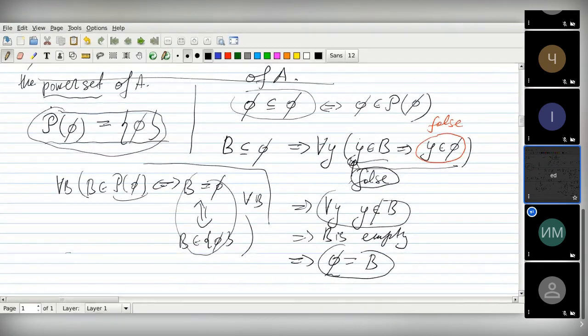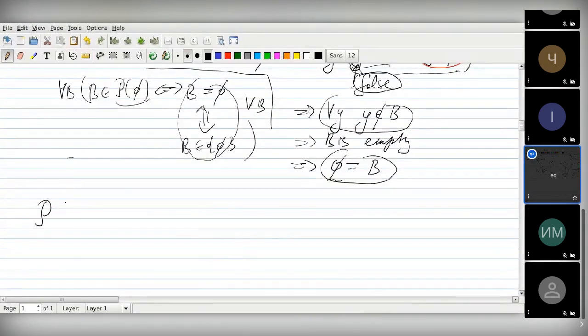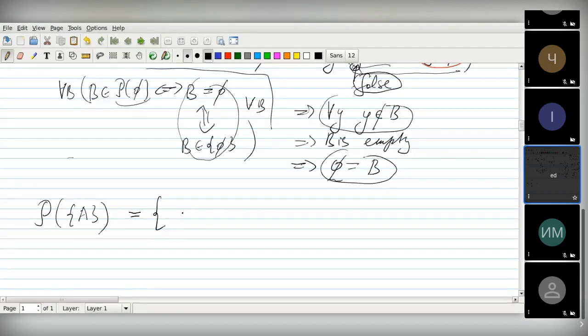Yes. And what if we consider a singleton? Which subsets does it have? The empty set and itself.